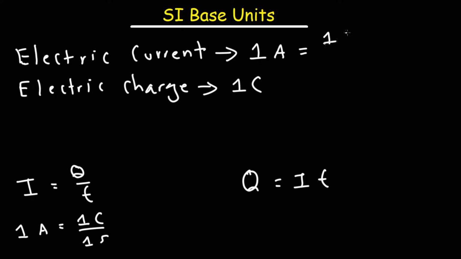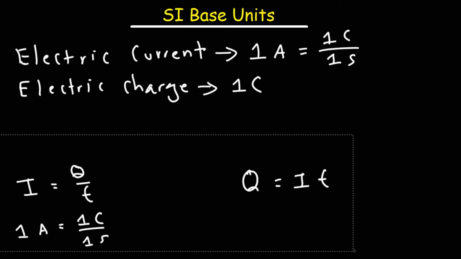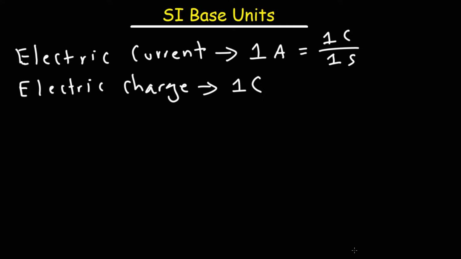So electric current is the rate at which electric charge is flowing through a circuit, much the same way as power is the rate at which energy is being transferred. So electric current tells you how much charge is flowing through a wire at any given second, or rather, per second.